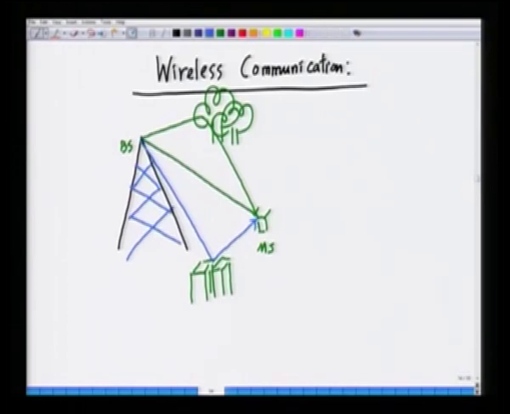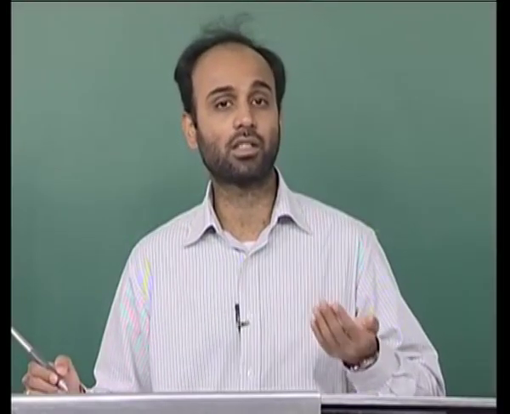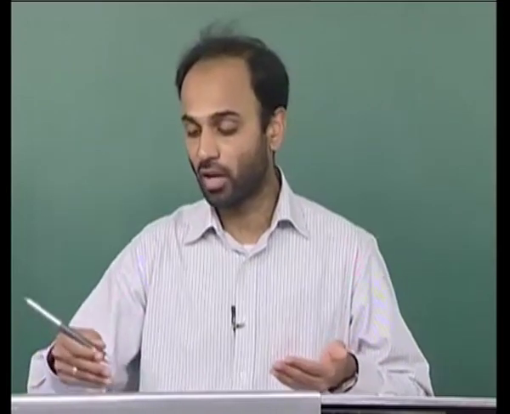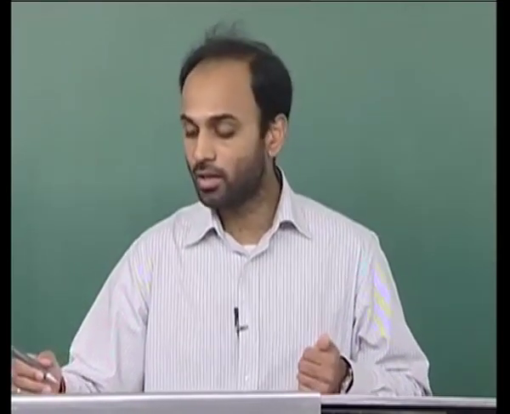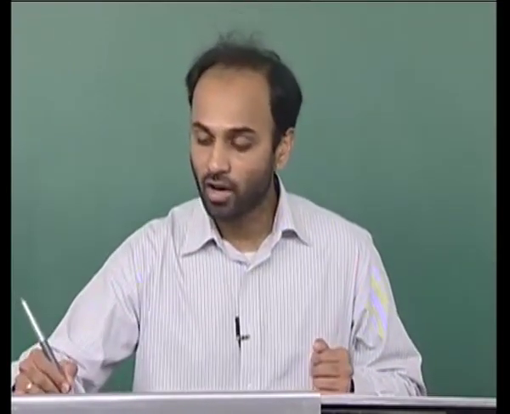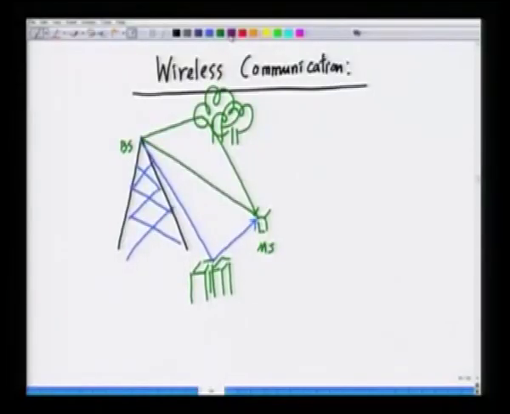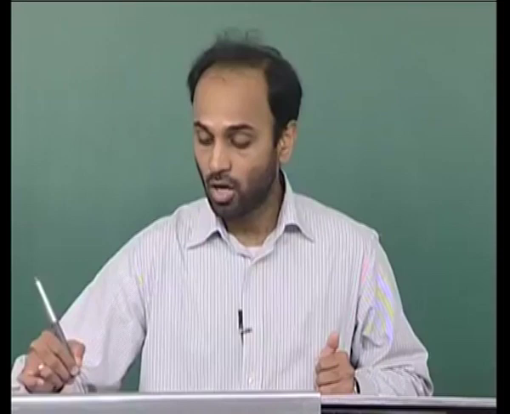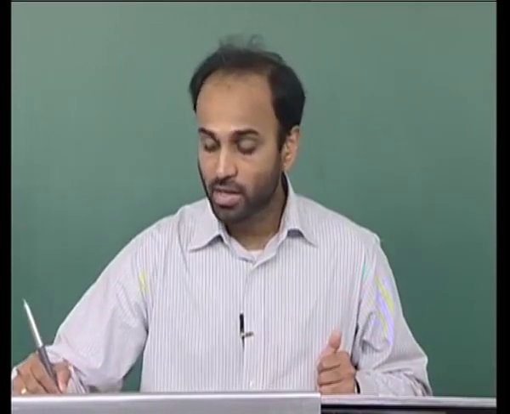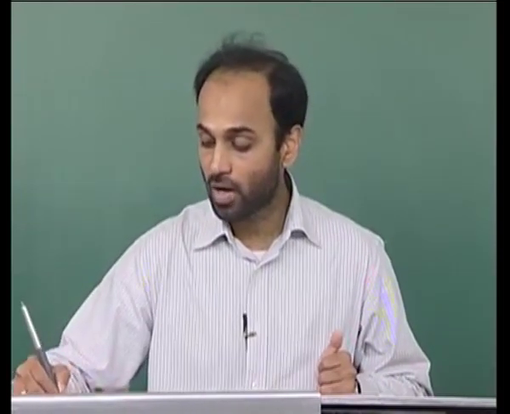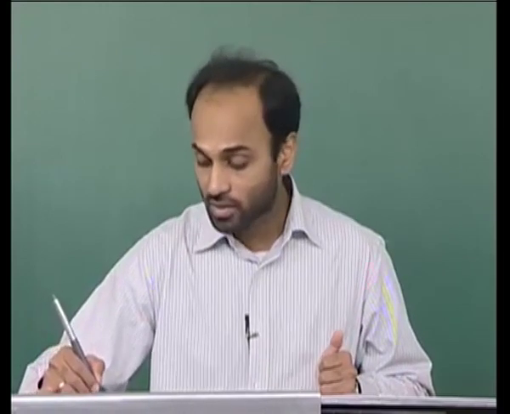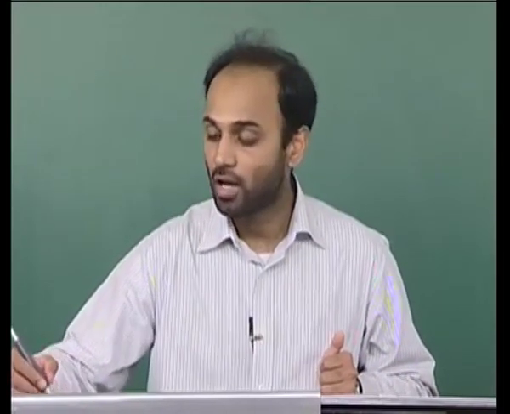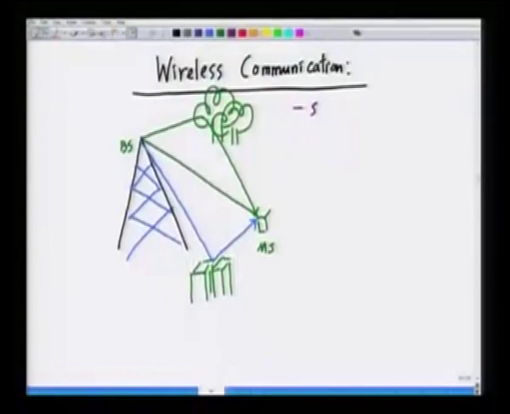And there might also be other scatterers, such as moving objects such as cars, which also scatter. So, in general, the wireless communication environment is very different from the wireline communication environment, because you not only have the direct path between the base station and mobile station, but you also have many scattered or reflected paths, and these objects which scatter the wireless signal are known as scatterers.